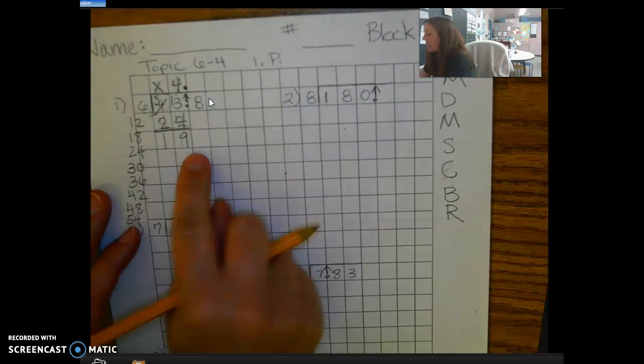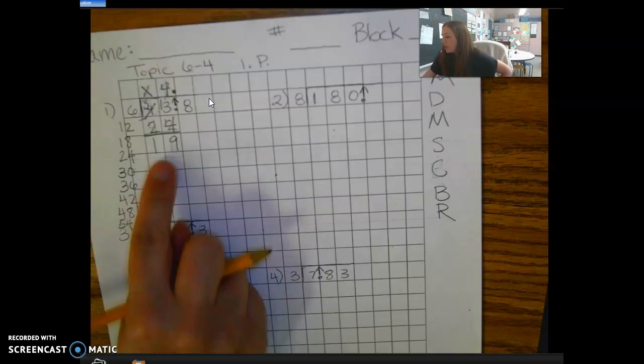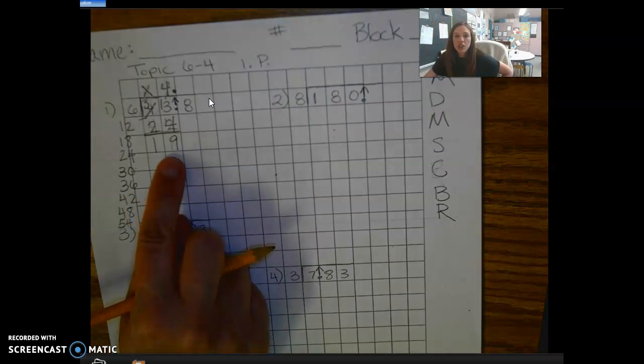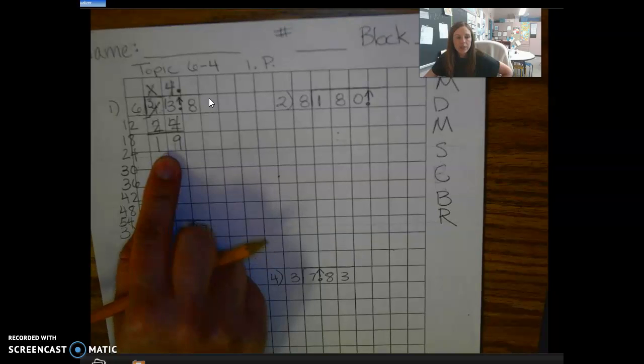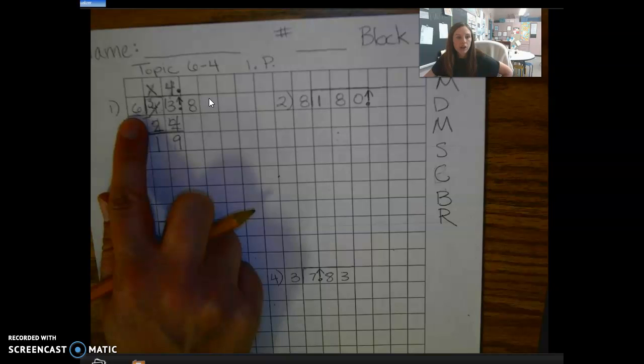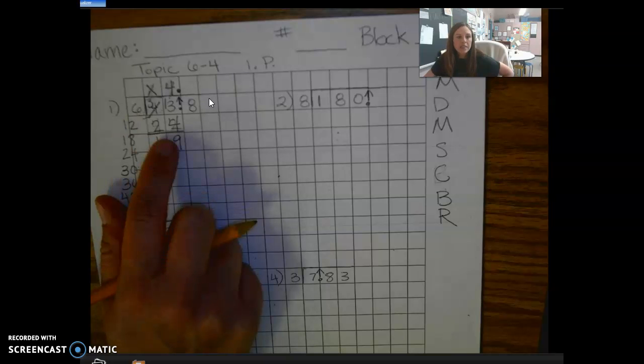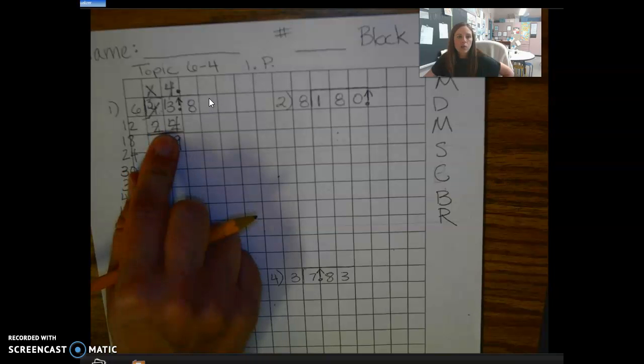And we got 19 right here. Well, our difference after we subtract should never be more than our divisor. That means this is wrong, that we picked the wrong multiple.